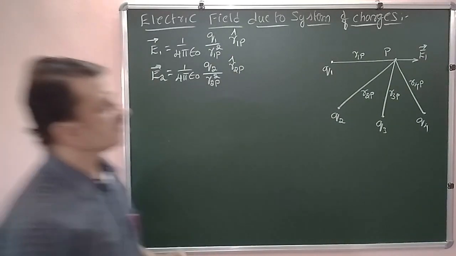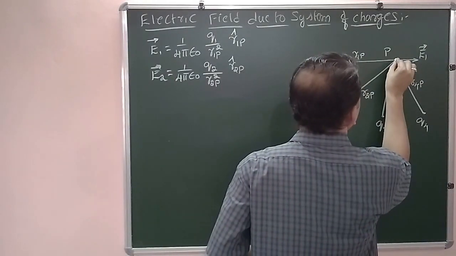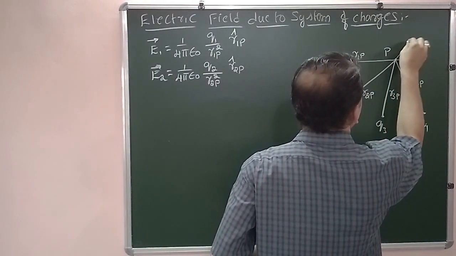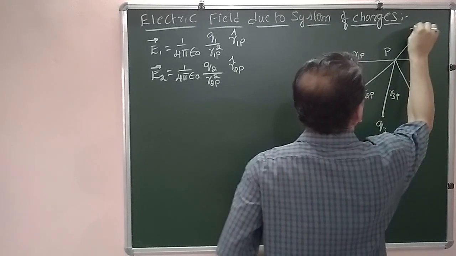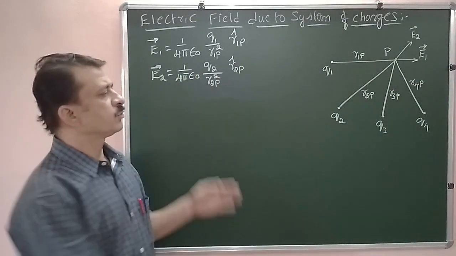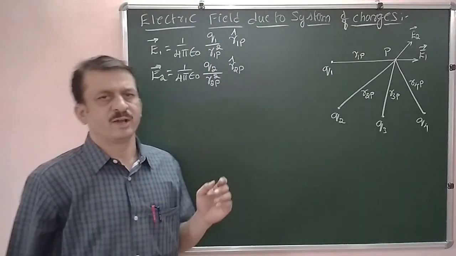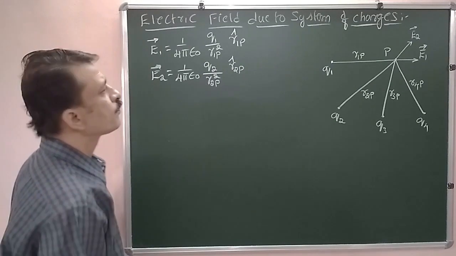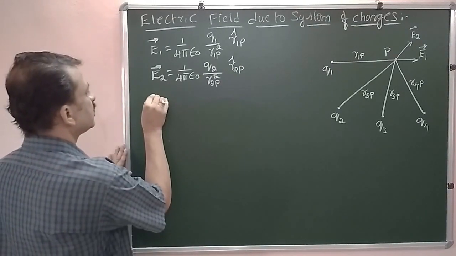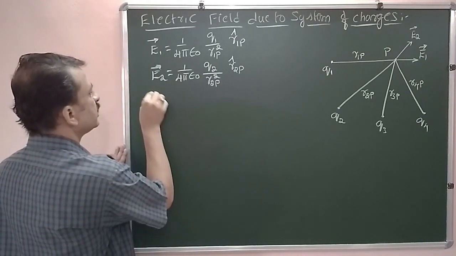Now what is the direction? The direction of the second field is along this direction, that is E2. Since all are taken as positive, the electric fields are moving away from the positive charge. Therefore, the direction is as shown in that diagram. Similarly, we write for the third charge E3.